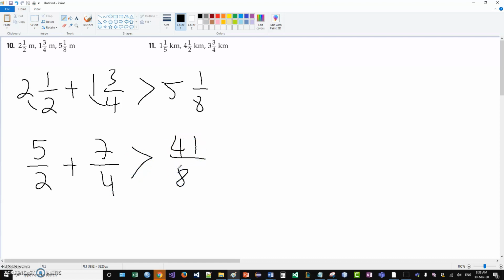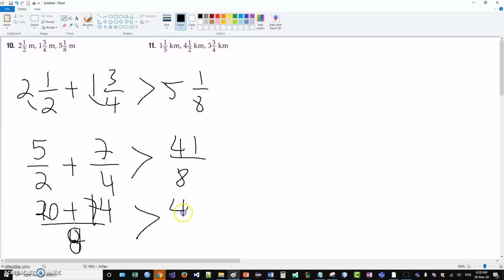We need to convert everything to the same denominator, so let's make that all 8. So that would be 20 over 8 and 14 over 8.